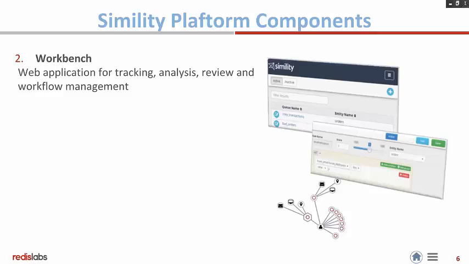The third part is we have a rule and review workflow management system where our customers can write their own custom rules. These are generally business logic that define violations of terms and conditions and so on.